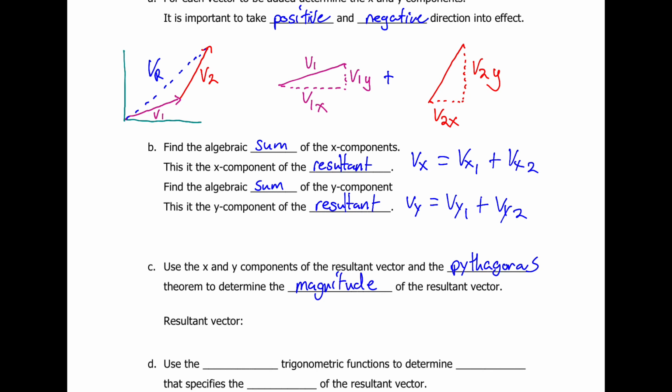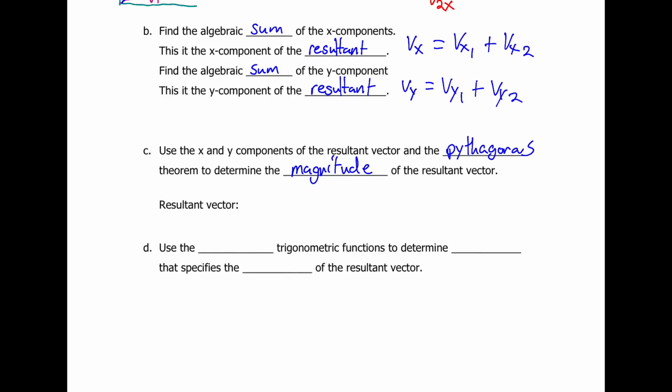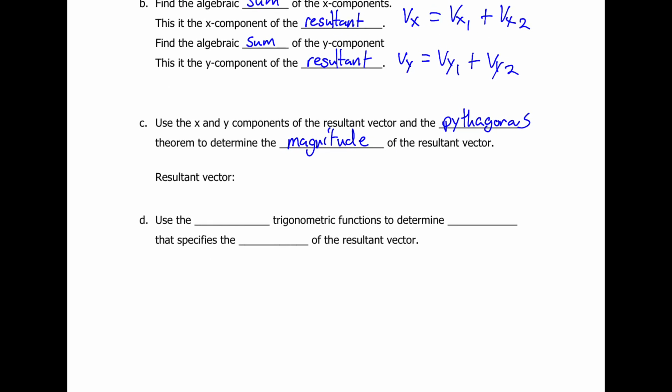So we can take our total Vx and our total Vy and do some Pythagoras on them. And get our resultant vector. So I want to write big V with an R is equal to the square root of Vx squared plus Vy squared.